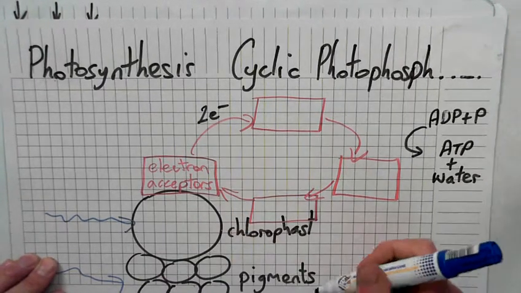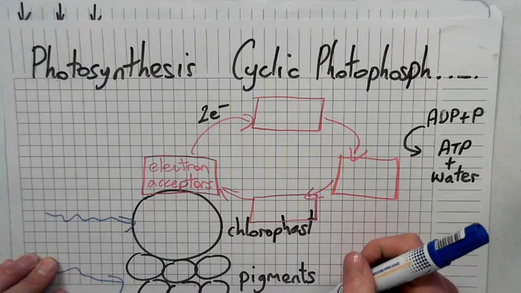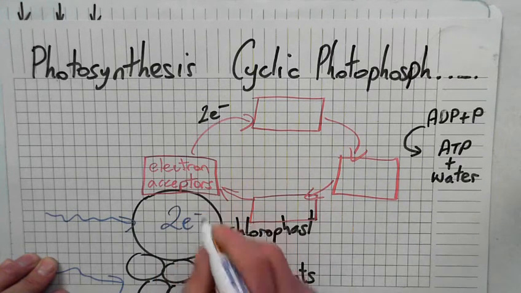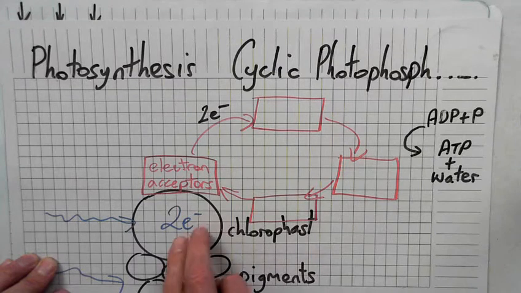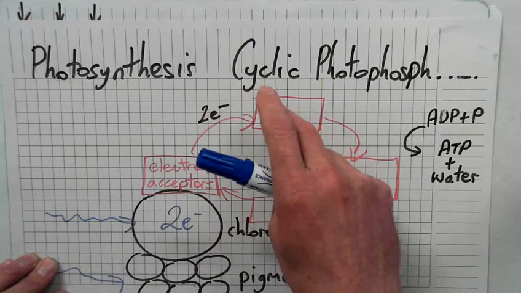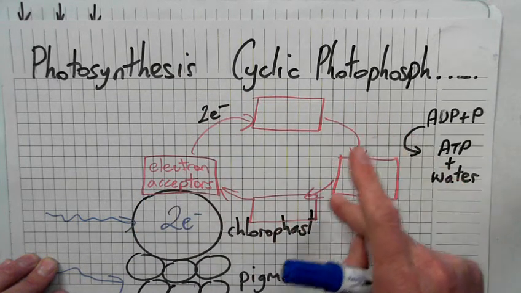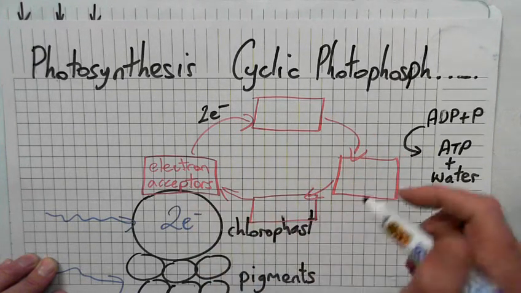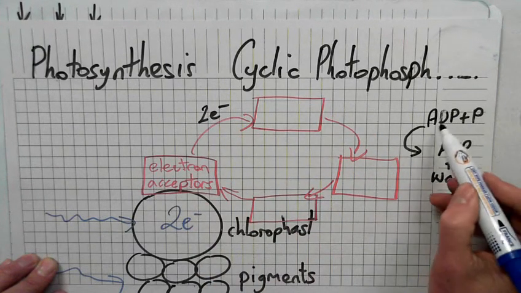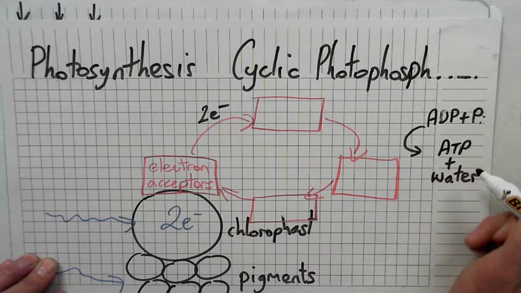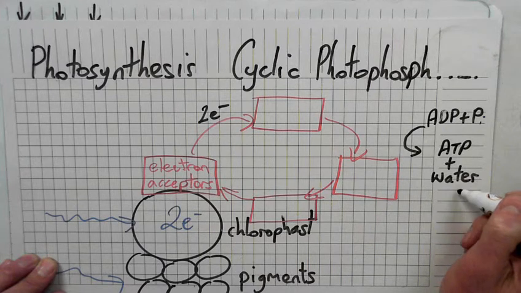All of that energy received from the sun is passed to the 2 electrons. The 2 electrons are full of energy. They pass from electron acceptor to electron acceptor, and as they pass, they release their energy, and the energy released is used to convert ADP plus phosphate, or inorganic phosphate, to ATP plus water.